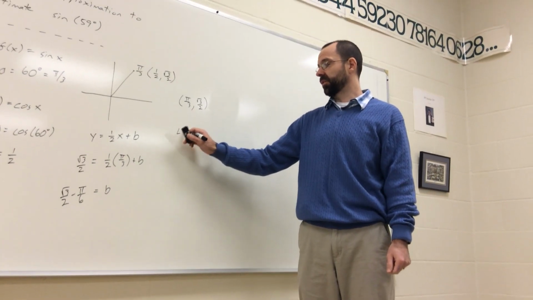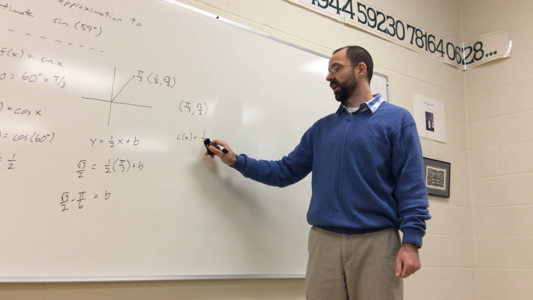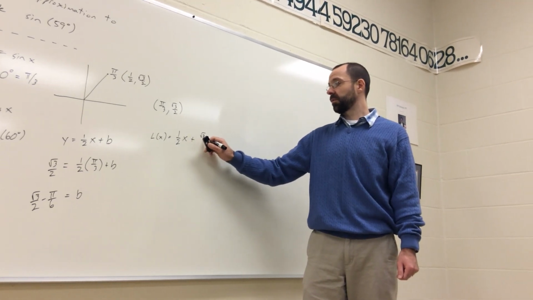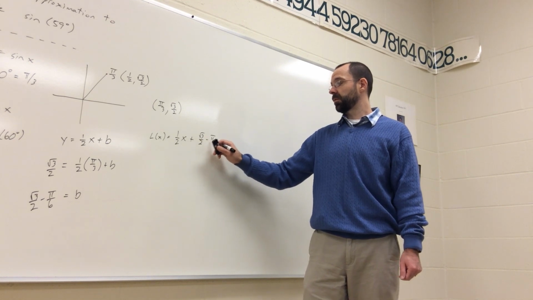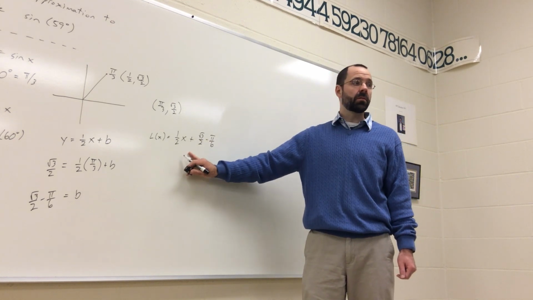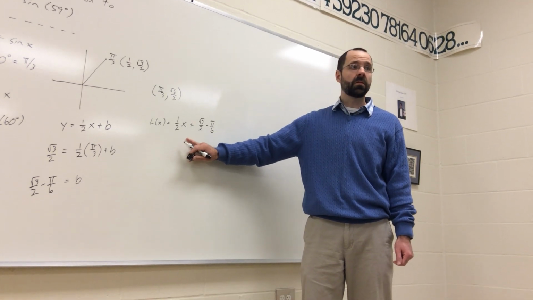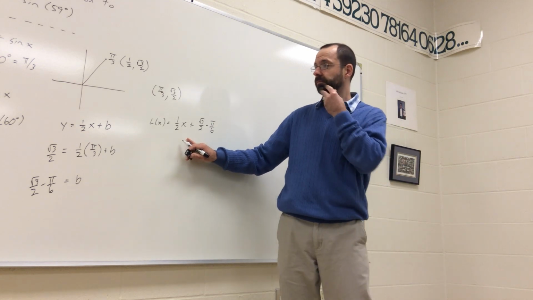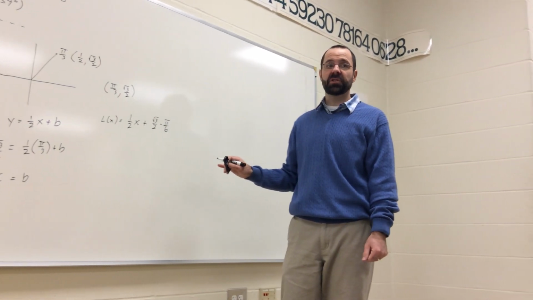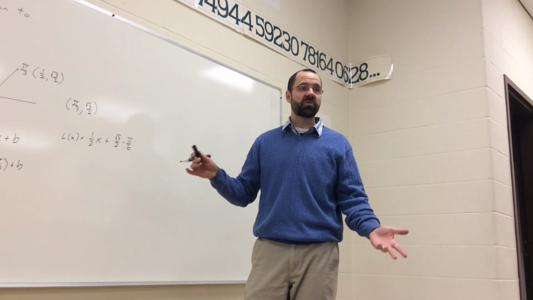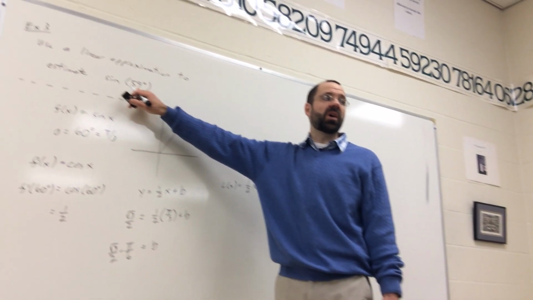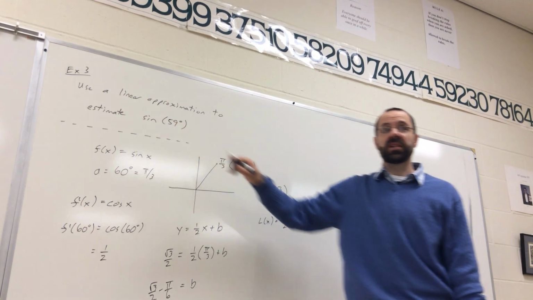So my linearization is 1/2 x plus that y-intercept. And now I'm just going to plug what I'm trying to approximate into that, which is 59. But the problem is I'm not allowed to plug 59 degrees into that.